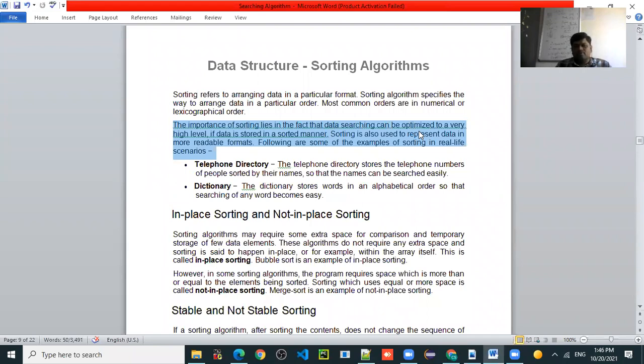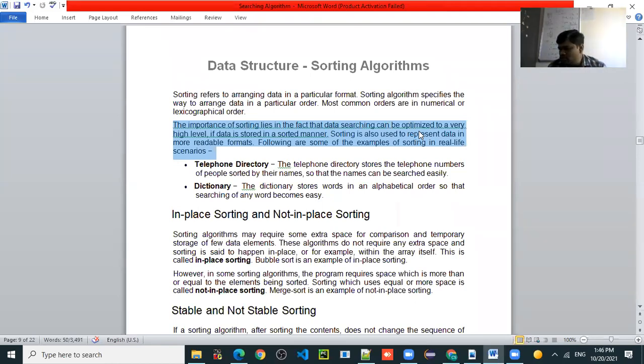The importance of sorting lies in the fact that data searching can be optimized to a very high level if data is stored in a sorted manner. Sorting is also used to represent the data in a more readable format, right? So we'll take two real-time scenarios.